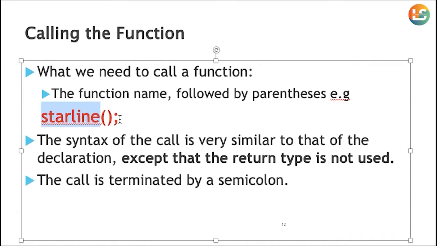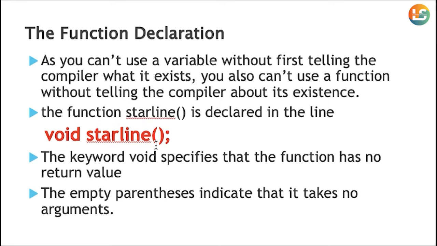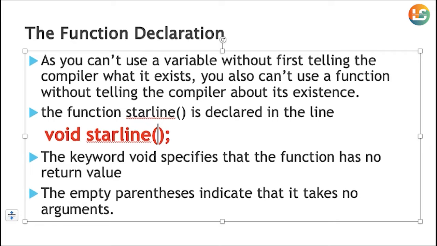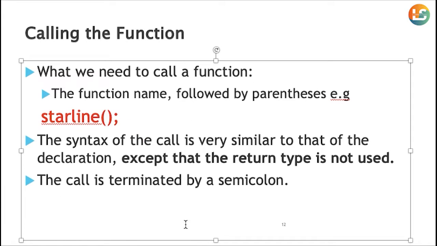The syntax of the call is very similar to that of the declaration, except that the return type is not used. The function name should be the same, and so should the parameters. It is not possible that in the declaration you say this function requires no parameters or data, and when you are calling it you send, for example, 123.